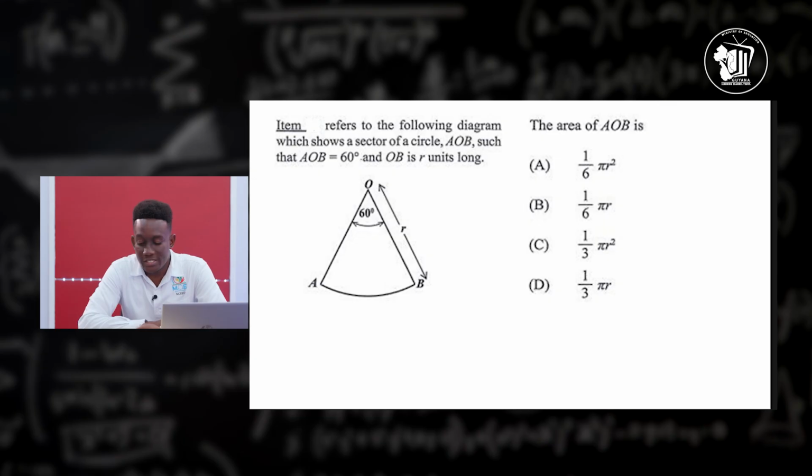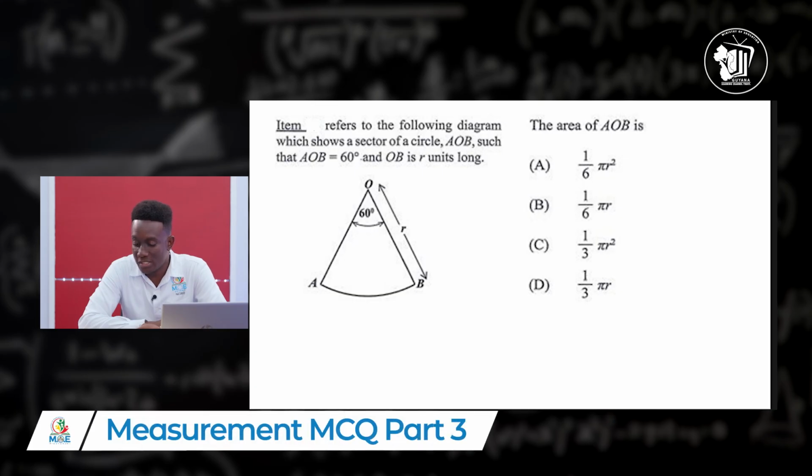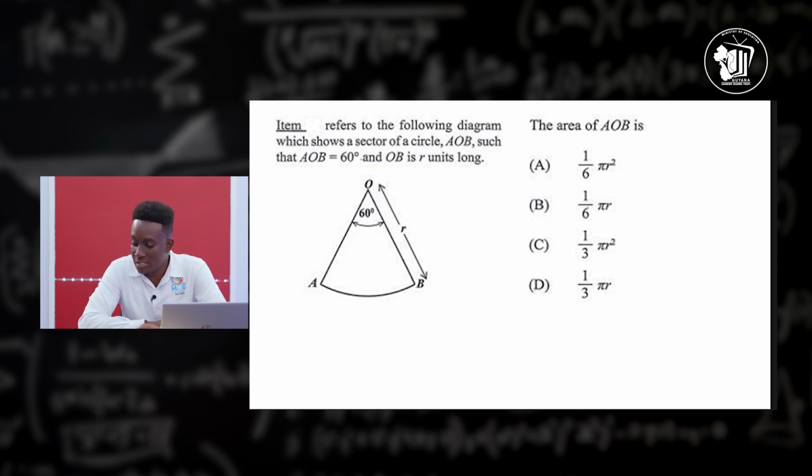So the next question says, the item refers to the following diagram which shows a sector of a circle AOB such that angle AOB is equal to 60 degrees and AB is r units long. The question is asking for the area of AOB. We know this sector measures 60 degrees.